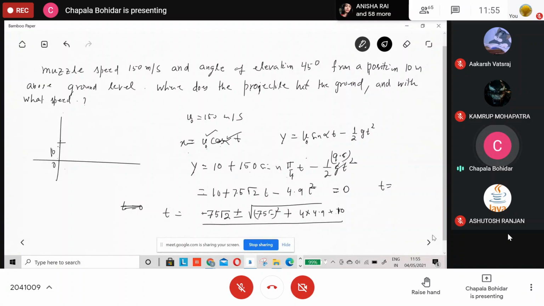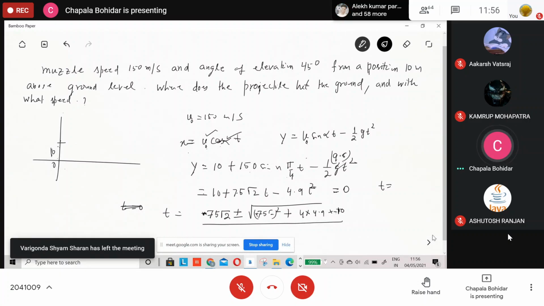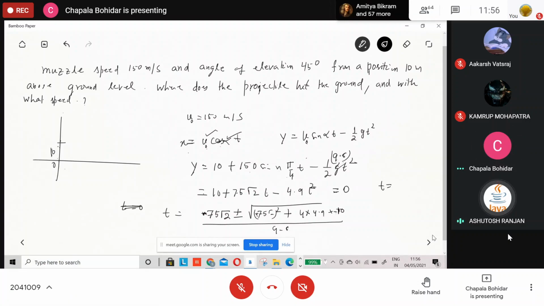Sorry, don't write it like this. If I write it here it is negative, so here it is positive. I can convert it by taking the negative sign. It is 4.9 t square minus 7.5 root 2 t and minus 10. So it is okay. This was plus, I'll get here minus 10. Okay, then it is divided by 9.8.